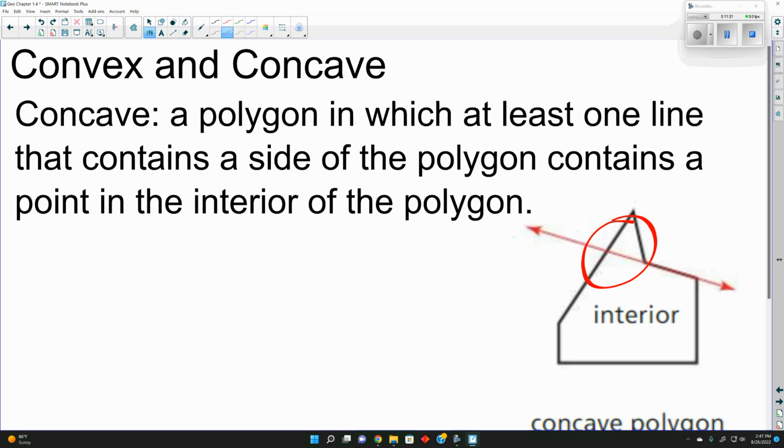If we extend a side out, if we draw a line on one of the sides and it goes into the figure, it's concave. Essentially, when we extend one of the sides, we just keep drawing a line, and if it goes into the figure, it's concave.